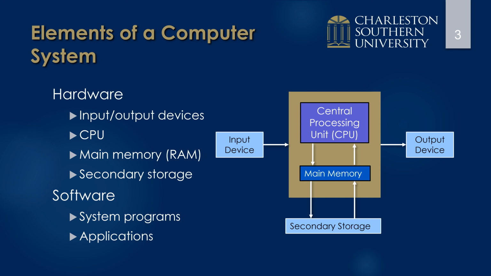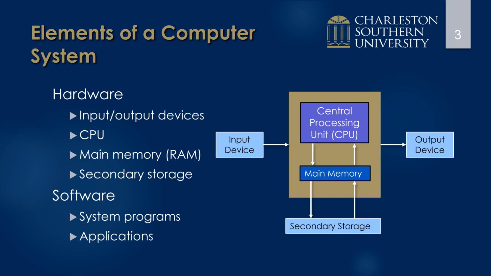Hardware is always divided into four primary components. The input and output devices. So we get input from a system and then we want to process it and output the results, and so we need input and output devices. And then the CPU, central processing unit, which does the majority of the calculations. Main memory, which stores stuff to be worked on. And secondary storage, which stores it more long term.